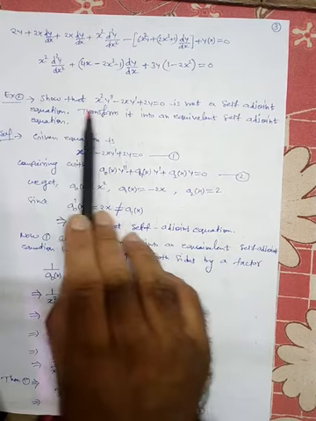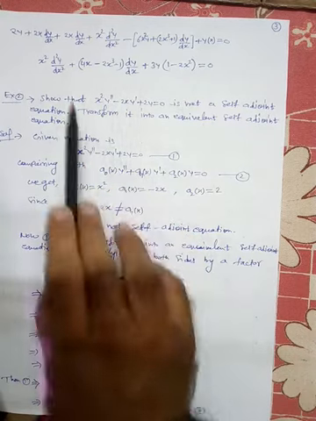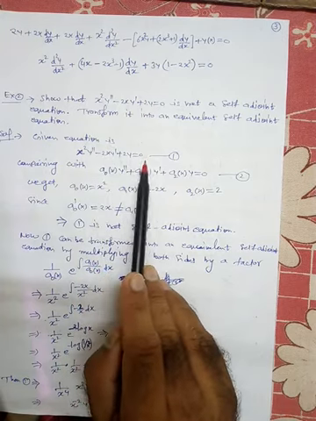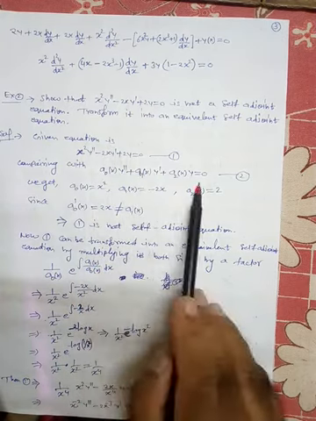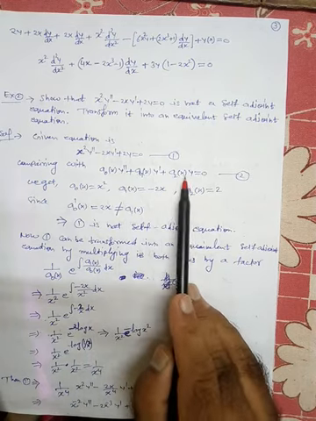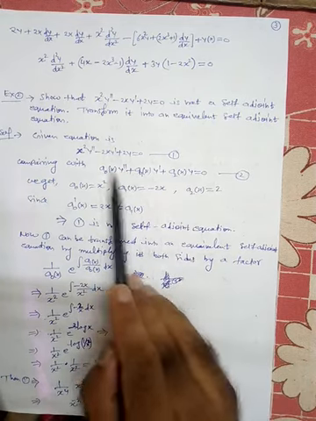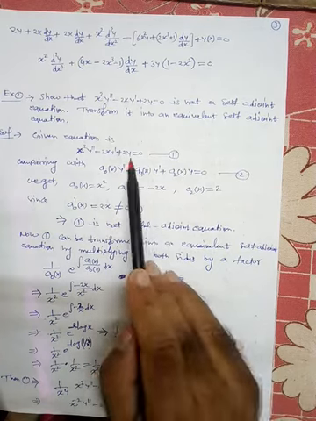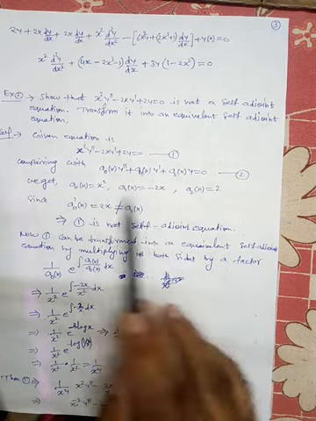Okay. So first this is the equation x square y double dash minus 2xy dash plus 2y is equal to 0. If you compare this with this equation, a naught x y double dash plus a1x y1 plus a2 y is equal to 0, so a naught is x square, a1 is minus 2x and a2 is 2. Okay, so they are listed here.